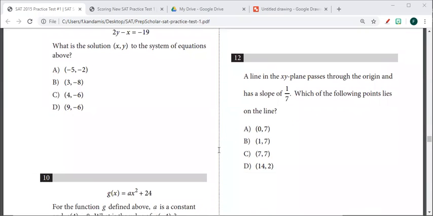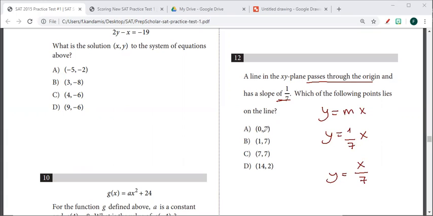12 is here. A line in the xy-plane passes through the origin. If a line passes through the origin, the equation is y equals m times x, where m is the slope. The slope is already given, so the equation of the line is y equals 1/7 x, which means y values on this line are simply 1/7 of x values.